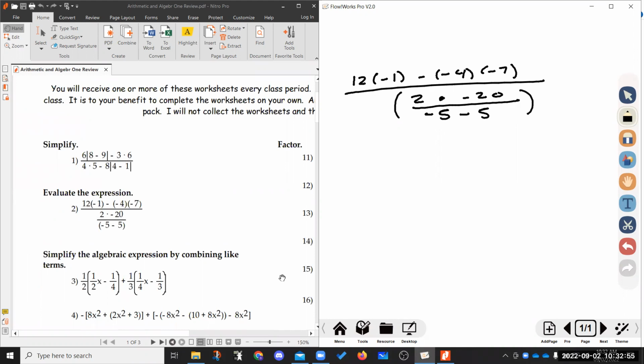We have in our numerator, we're going to do our multiplication first. In our denominator down here, we're going to do our multiplication first here. And in our denominator down here, we don't have anything else to do.